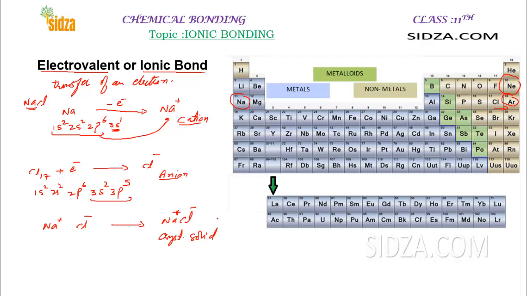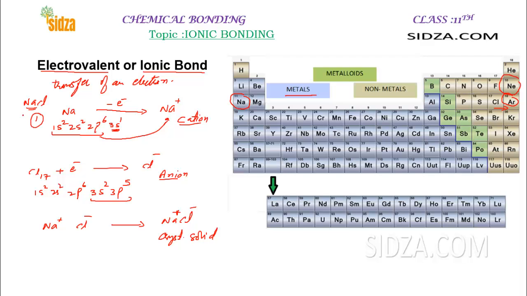So that means for an ionic bond we need an element that can lose electrons, and we know only metals have a lower ionization energy. So for the ionic bond formation, for the transfer of an electron, we have to take one of the elements as a metal, because metals can lose electrons easily. So that is point number 1.